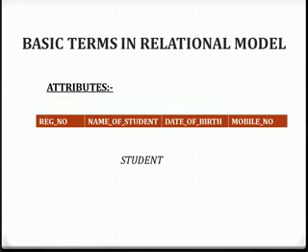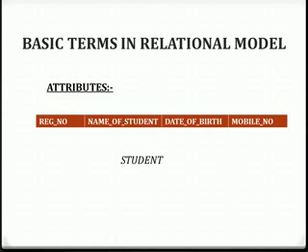The names of the 4 columns, that is registration number, name of student, date of birth and mobile number, are the attributes of the relation student.